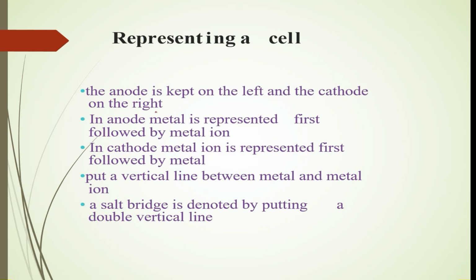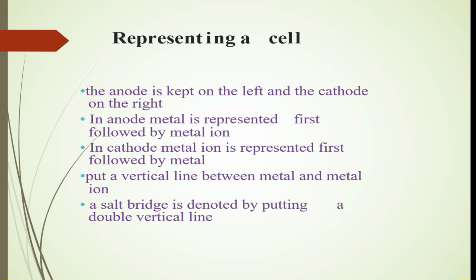When we draw or represent a cell on paper, we write the anode on the left hand side and the cathode on the right hand side. In the anode, the metal is represented first followed by the metal ion.